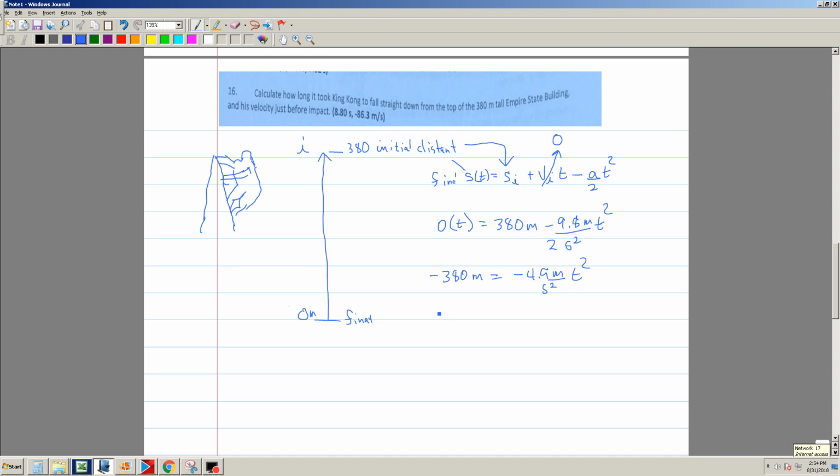Okay, so we solve for t squared, which is really 380 divided by 4.9, square root of that.